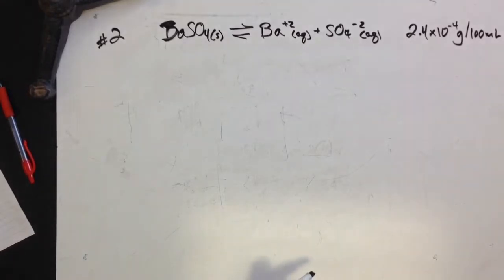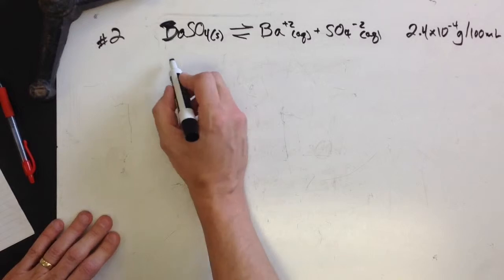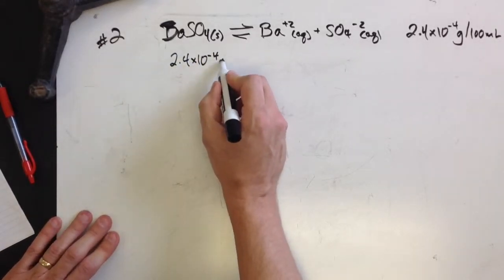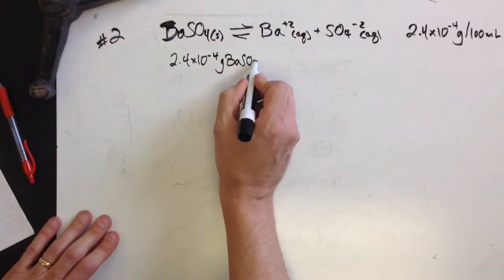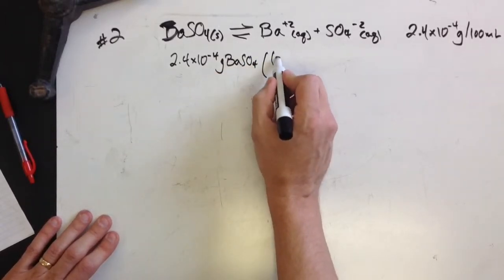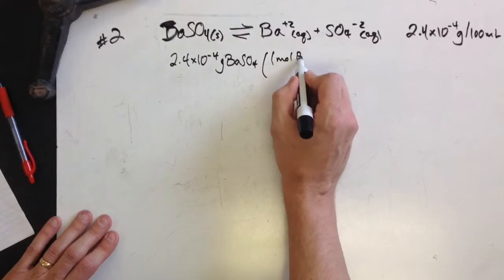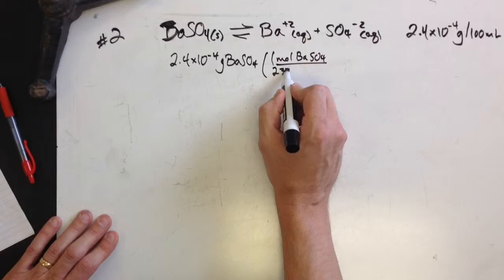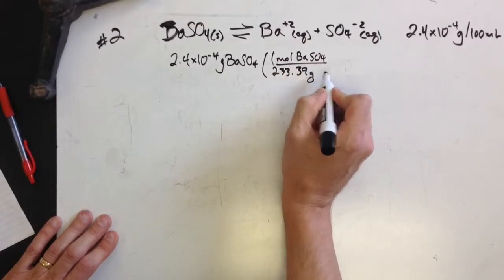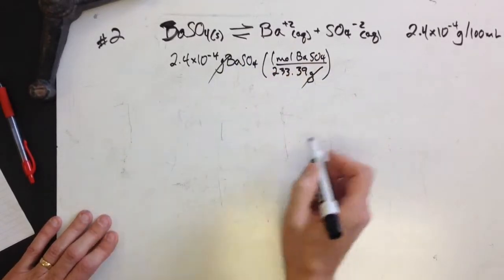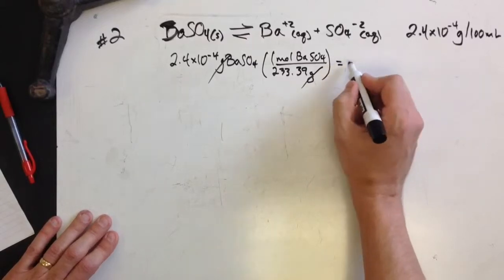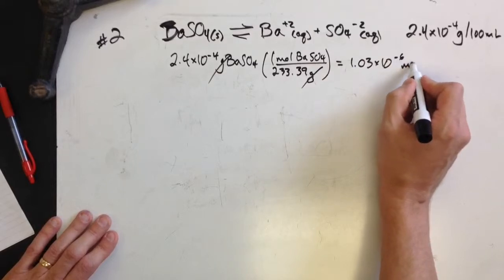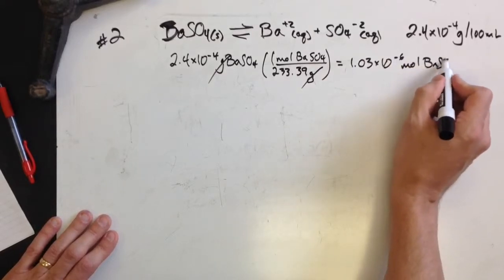So the first thing we have to do is convert grams to moles. So 2.4 times 10 to the negative 4 grams of barium sulfate. Molar mass of barium sulfate is 233.39 grams. So that's going to cancel. That gives us 1.03 times 10 to the negative 6 moles of barium sulfate.